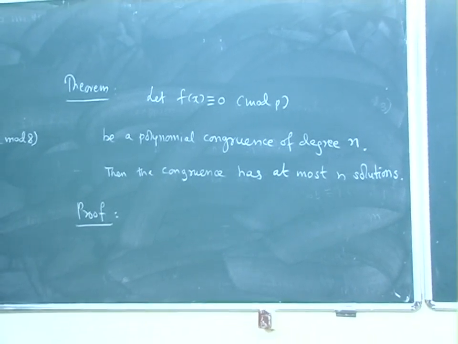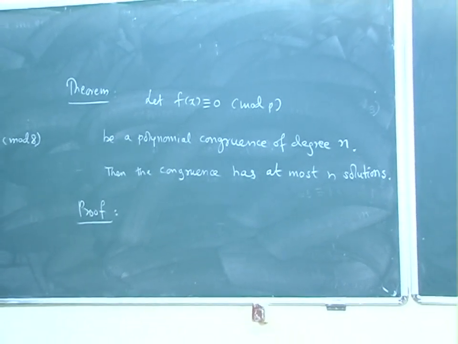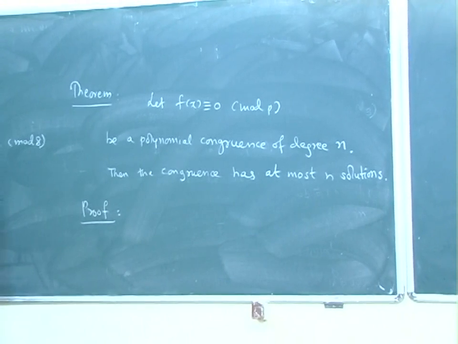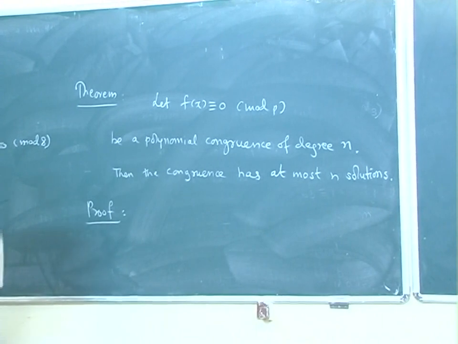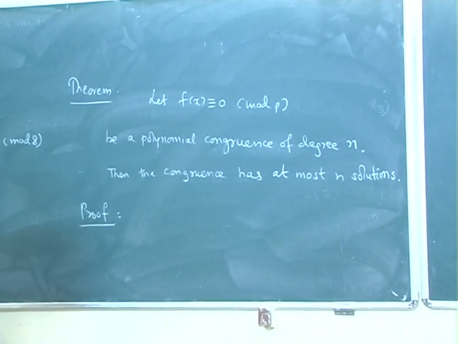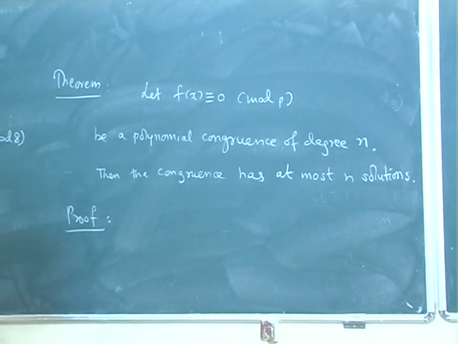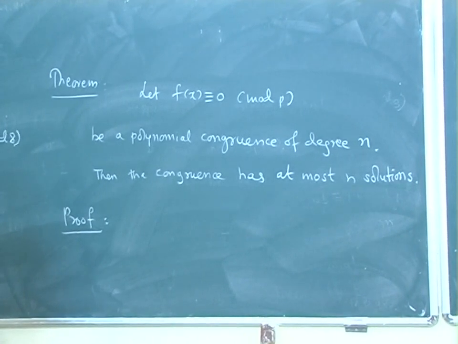Now the congruence is of degree n. What does that mean? In this polynomial fx, we have the term a n x raised to n, and a n is not congruent to 0 mod p, and higher degree terms may be there, a n plus 1, a n plus 2, which are coefficients of x raised to n plus 1, x raised to n plus 2, and so on, but they will all be divisible by p.